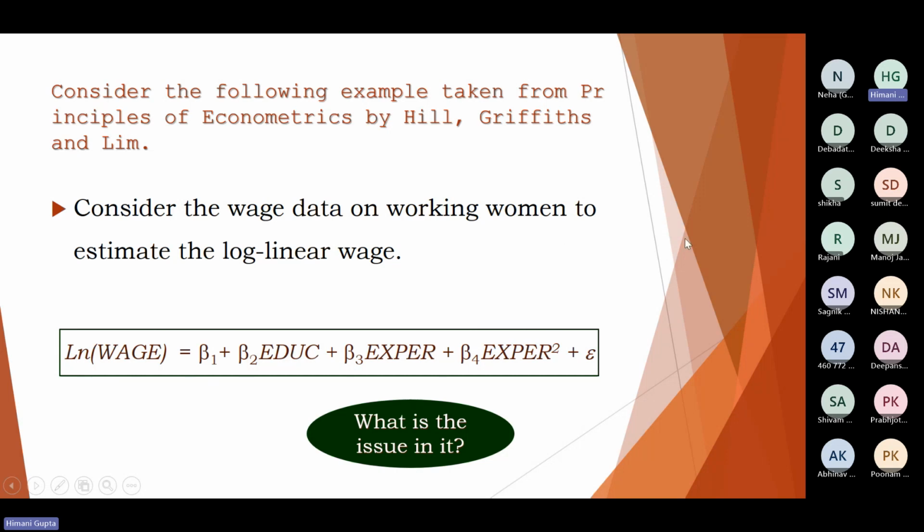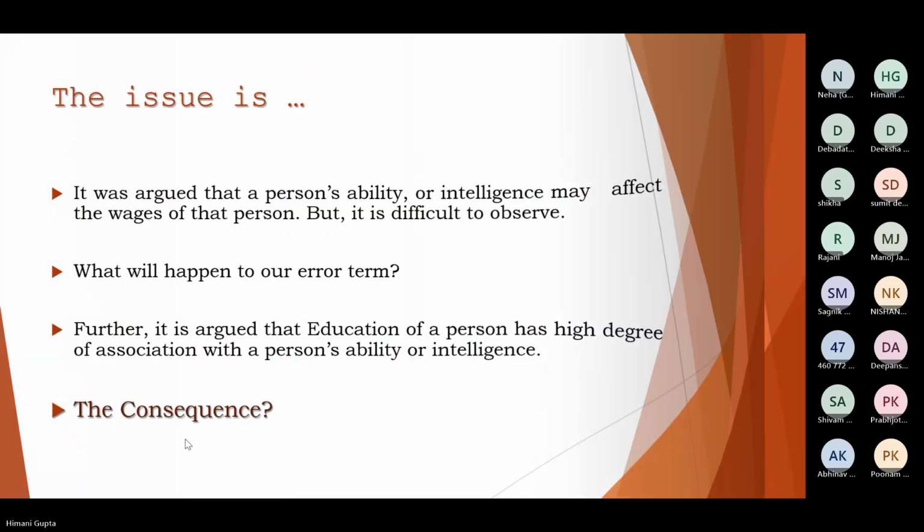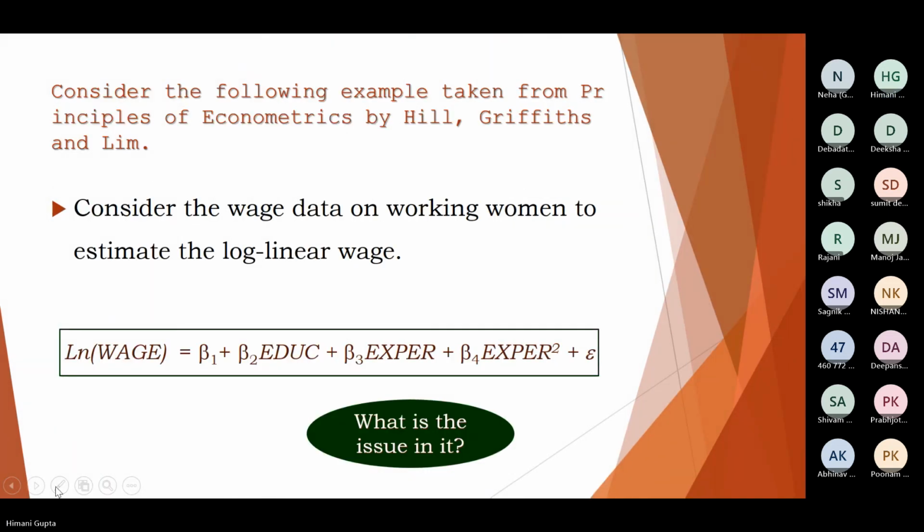So since 2 points will be there whenever we are making a diagram, I can show you like this. Let's say we take a diagram over here. This is your experience and this y-axis is your wage.